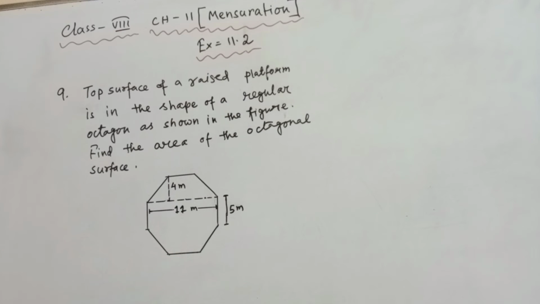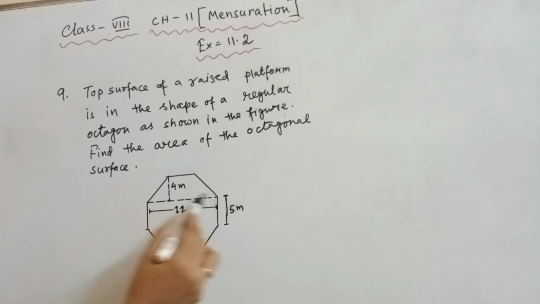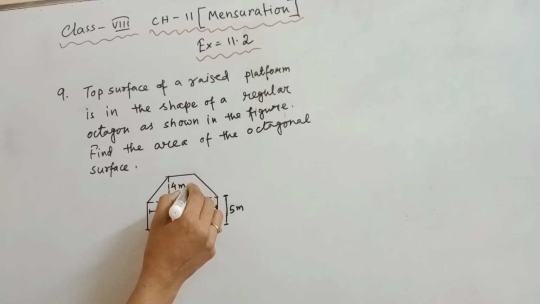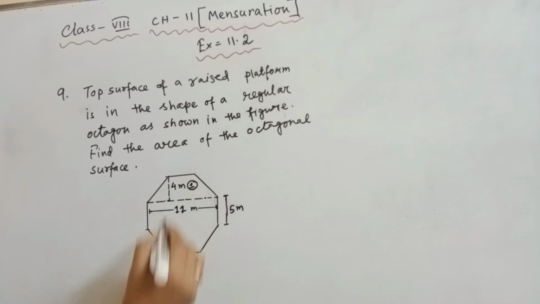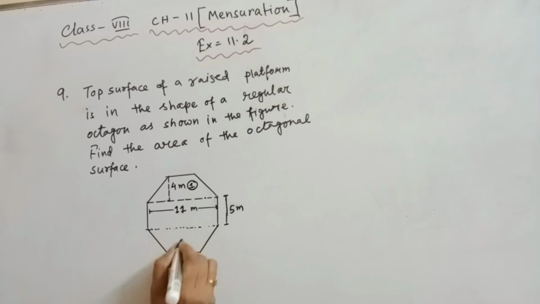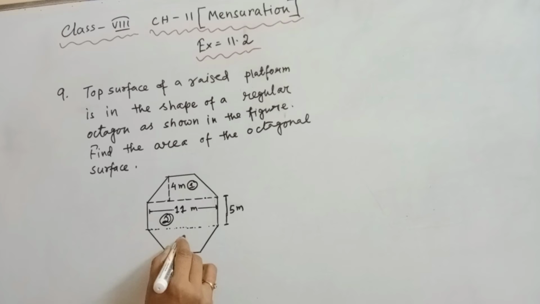Now look at the figure. If I take this portion, these two vertex if I add, then the first portion, say I am taking it as the first one, and then if I add this one also, this rectangular portion will be the second part, and this trapezium portion will be the third part.